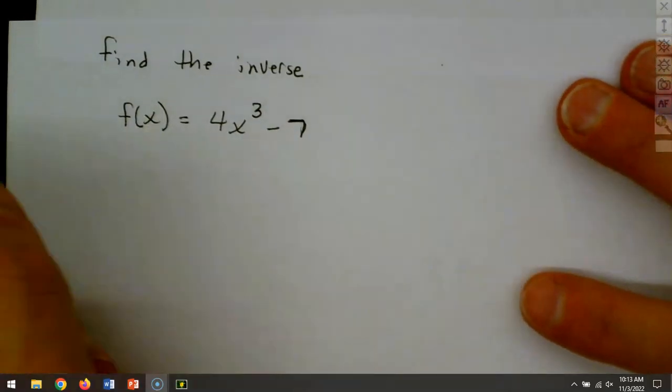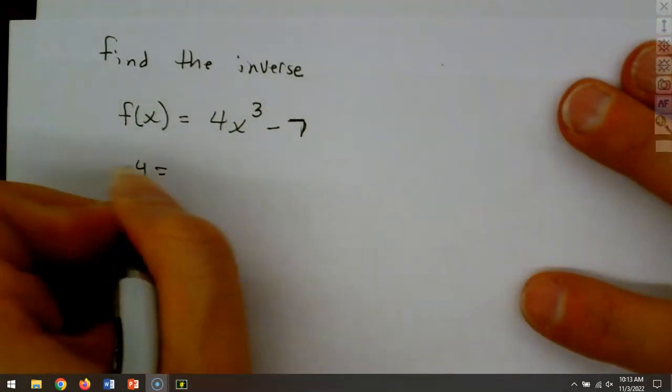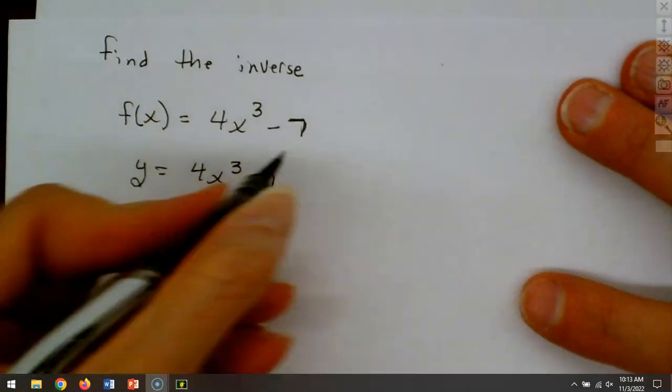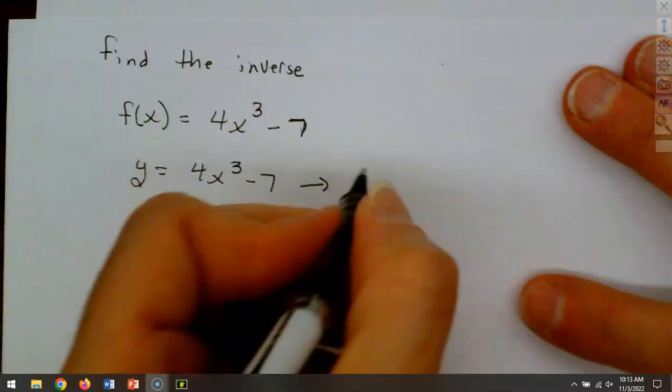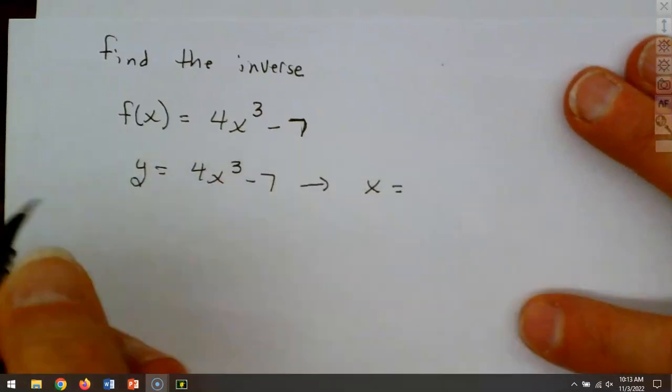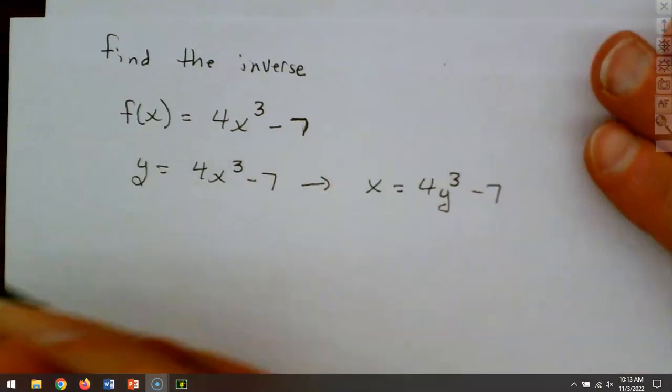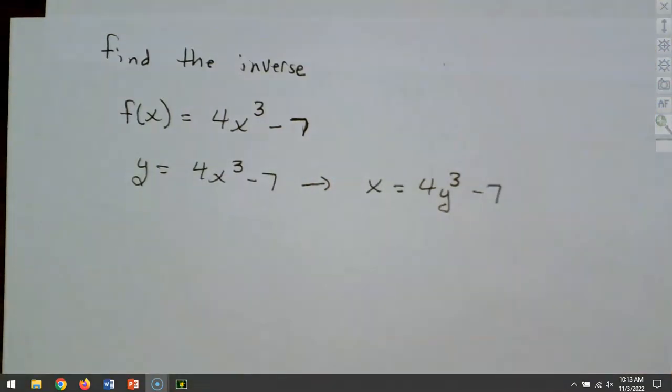What do we now do? We replace f of x with y. And then we swap, or we interchange the x and the y. So we replace f of x with y, and then we switch x and y out.